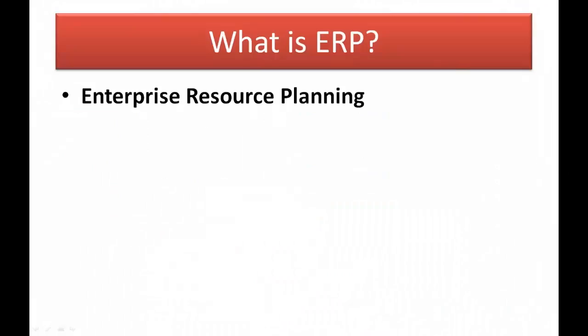Okay, so now let's talk about the SAP ERP system. What do you mean by ERP, enterprise resource planning? Enterprise resource planning is not a single application. It is a group of applications. For example, you have SD, sales and distribution, MM, materials management, HR, human resources, FICO, financial and controlling.